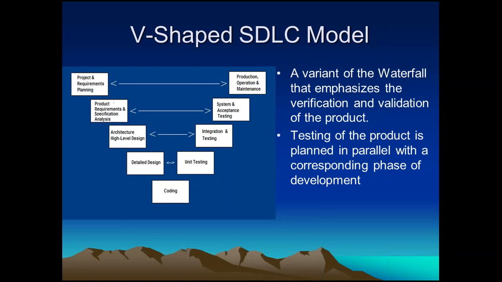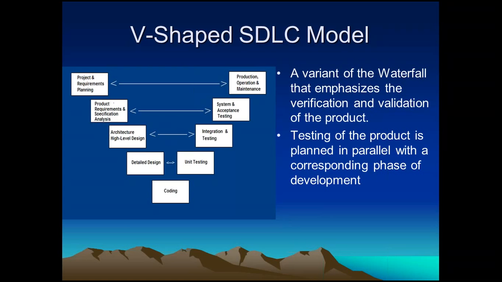But this model also works as a sequential process: first requirements planning, requirement analysis, high-level design, detailed-level design, coding, and then once coding is done, all development activities are completed.